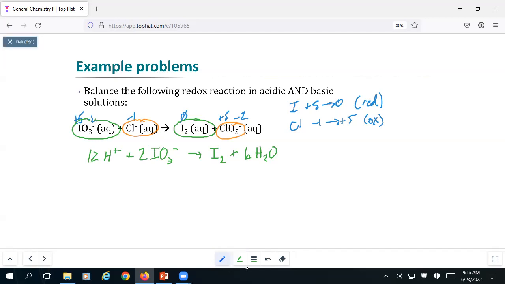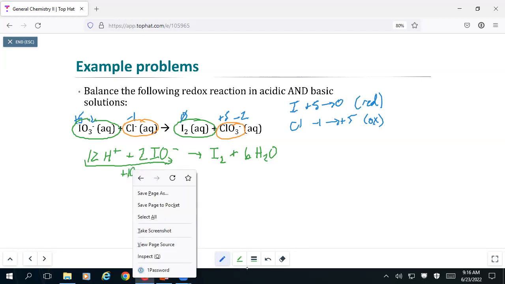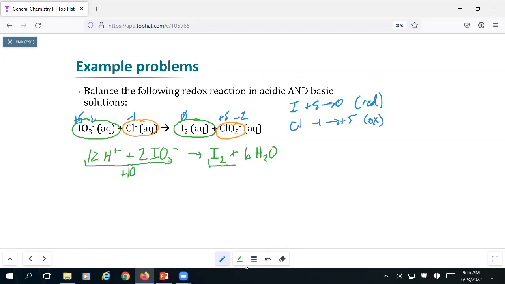Now, what do we do as far as that charge balance is concerned? Well, we need to evaluate. This side of the equation, 12 pluses and 2 minuses, would be a total of 10 positive. This side of the equation, neutral, no charge.